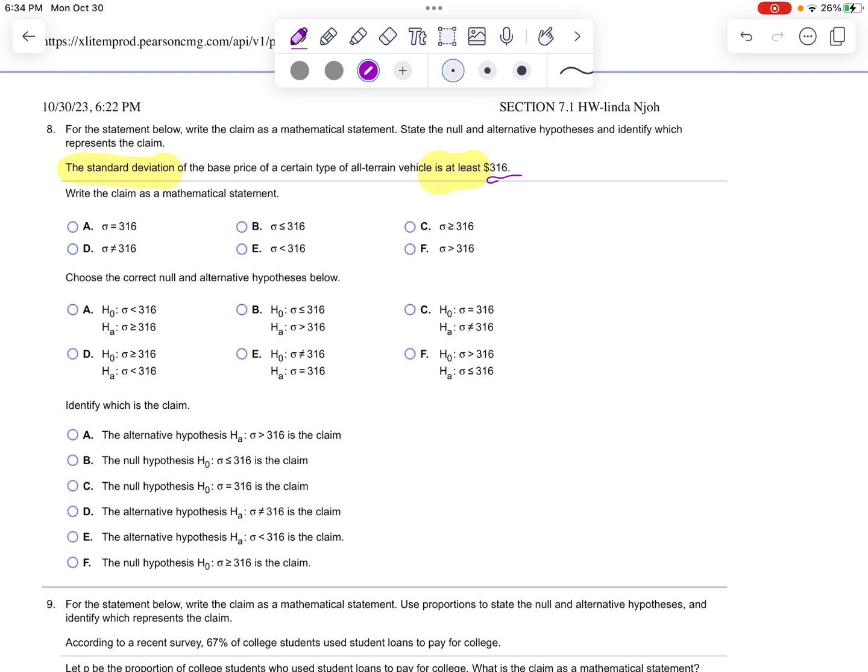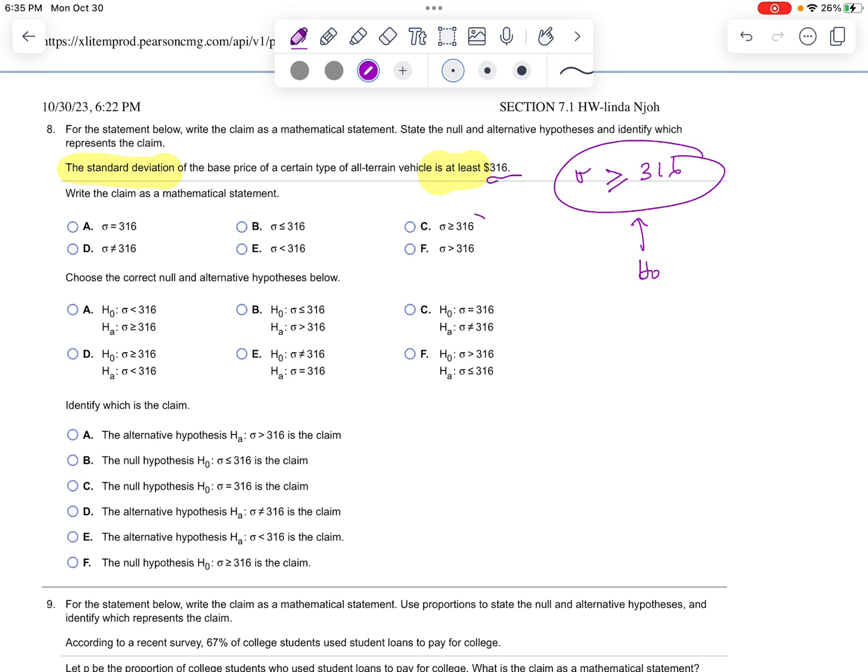At least is greater or equal to, right? So they're saying that the standard deviation of the base price of this vehicle is greater or equal to 316. So you have a statement of equality. So this has to be the null, at least.